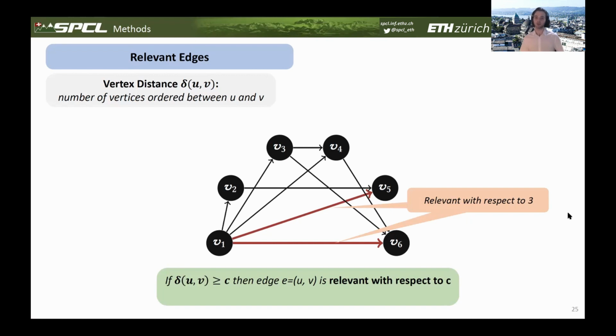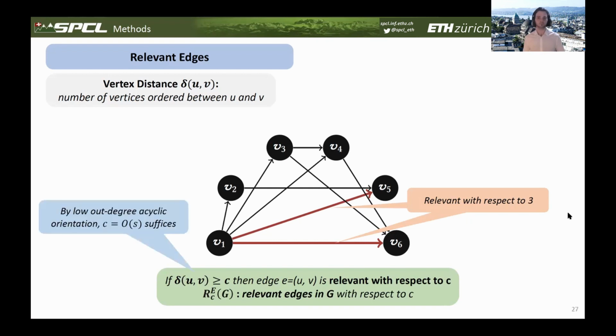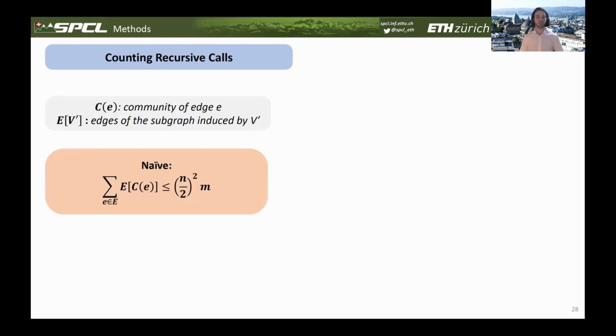In the example, there are two edges which are relevant with respect to 3 because they have at least 3 vertices in between them in the vertex order. And all these edges which are relevant with respect to C are the relevant edges. Note that the C, because of our low out-degree orientation, will always be bounded by the order of the degeneracy.